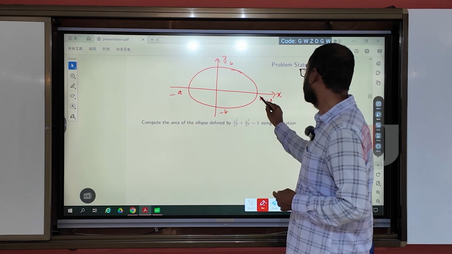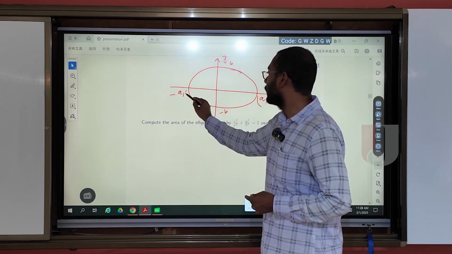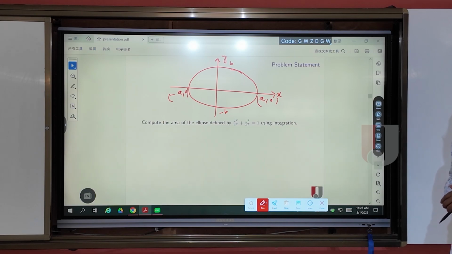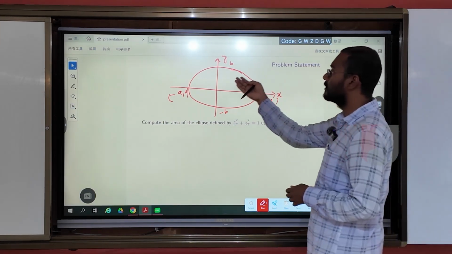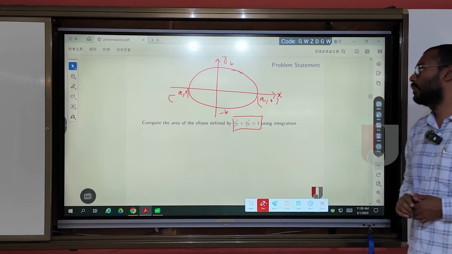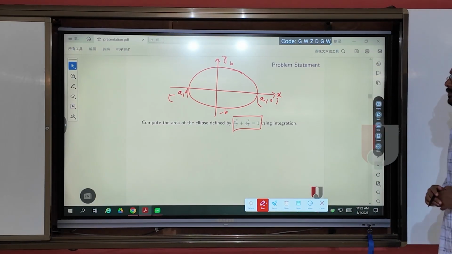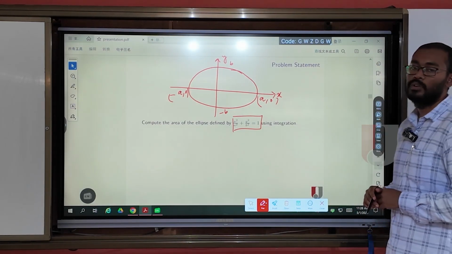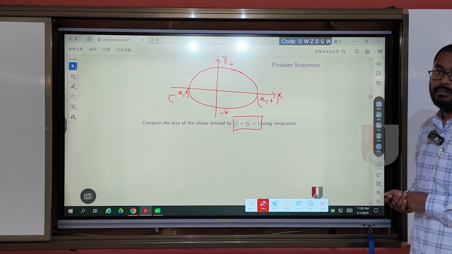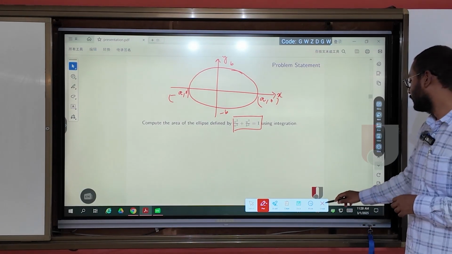This is a comma 0, and this is minus a comma 0. We have to find the area enclosed by this curve. This is my ellipse, x square by a square plus y square by b square equal to 1. For this curve, how do we compute the area by the integration method?